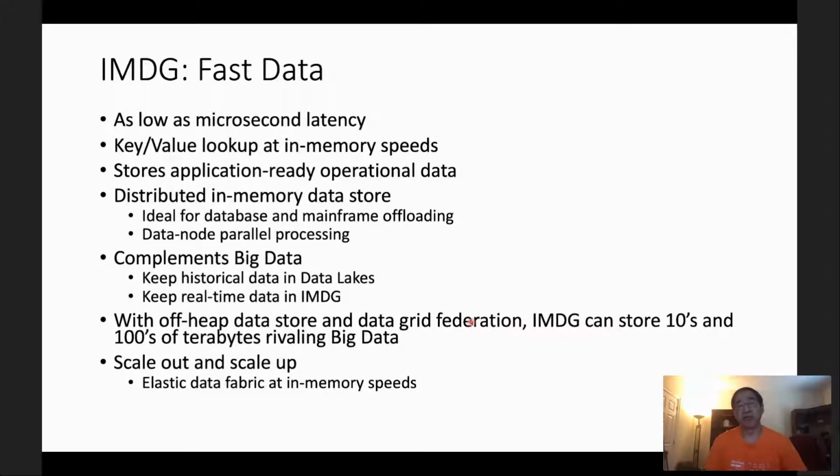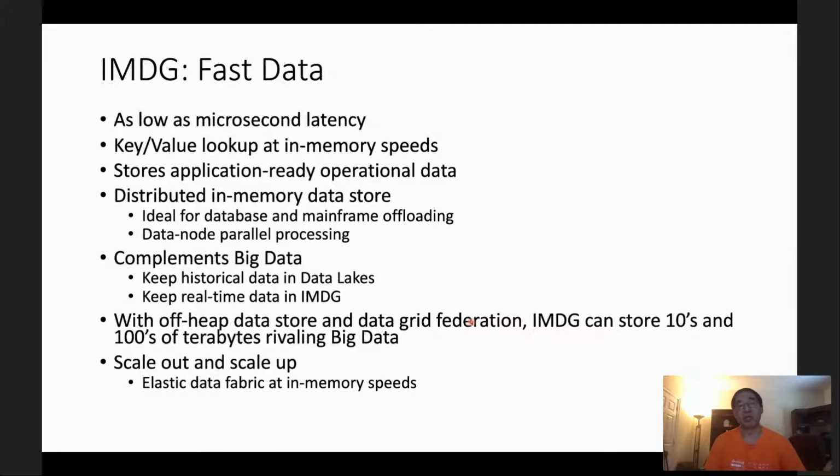It is ideal for offloading data from databases and mainframes and such, and it also gives you many data nodes that you can scatter out within the IMDG itself, so you can do some massively parallel processing as well. And it also complements big data. Typically, you store historical data in data lakes and real-time data in IMDG.